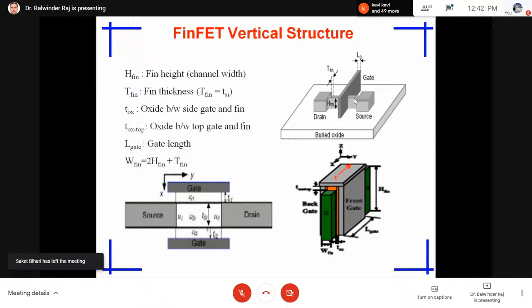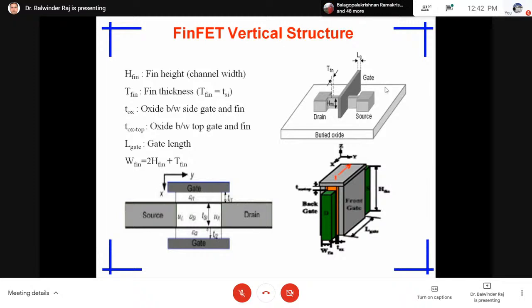So if we have a 30 nanometer technology, sometimes we write 32 nanometer, or 20 nanometer, sometimes we write 22 nanometer. These additional 2 nanometers of length of the device are used as an overlap on the source side and drain side, because ultimately in fabrication we require the etching process to remove the unwanted materials, and we do that with the help of chemicals or with applied voltage, two types of etching: wet etching or dry etching.